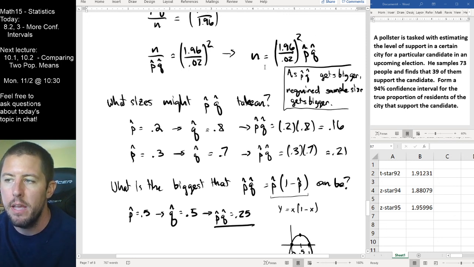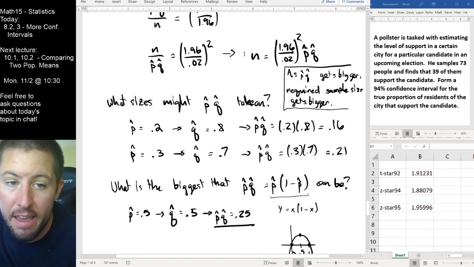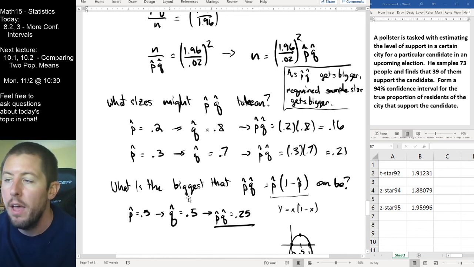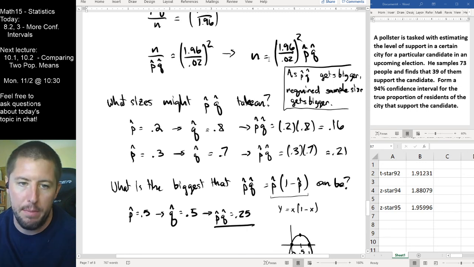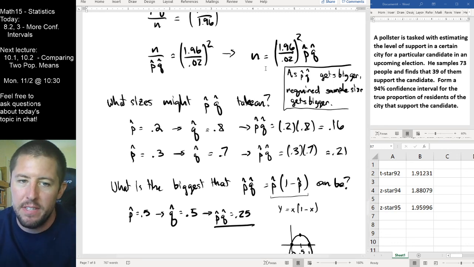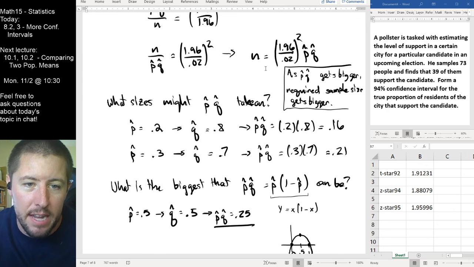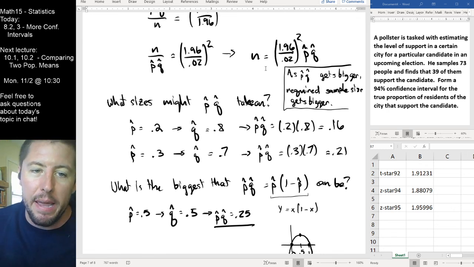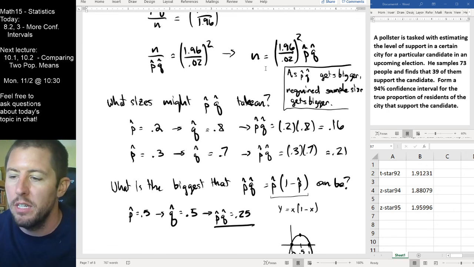That's going to give us the largest n we might need. This is saying if you had a 50-50 sample, that's going to require the most sample size to get that margin of error of 2% that you want. So let's prepare for this worst case scenario. Even if it's a 50-50 sample requiring the largest sample size, we'll still have a sample size that's big enough to get us the desired margin of error.